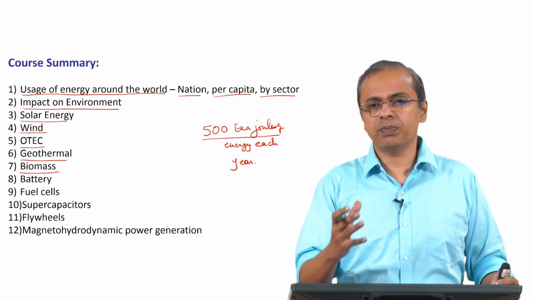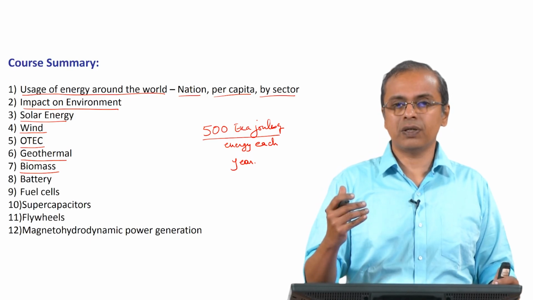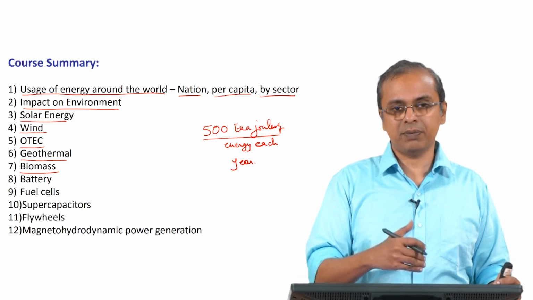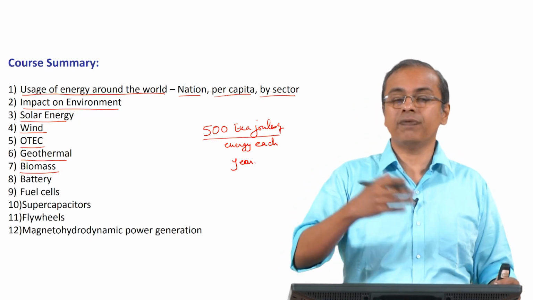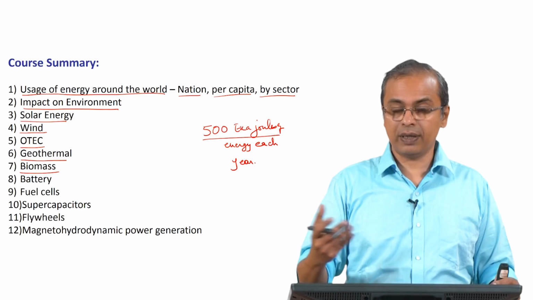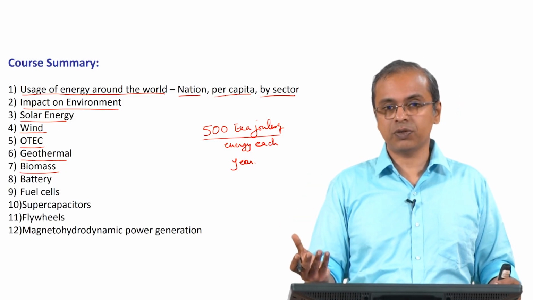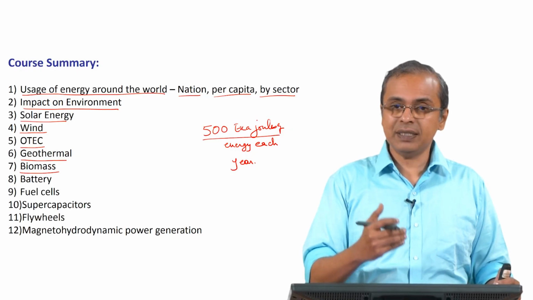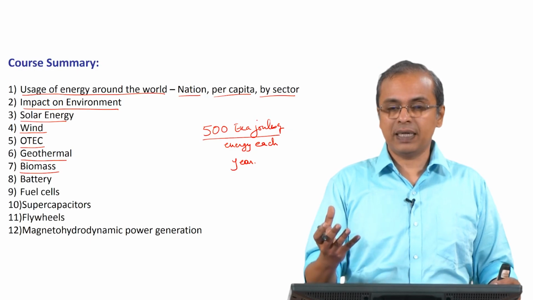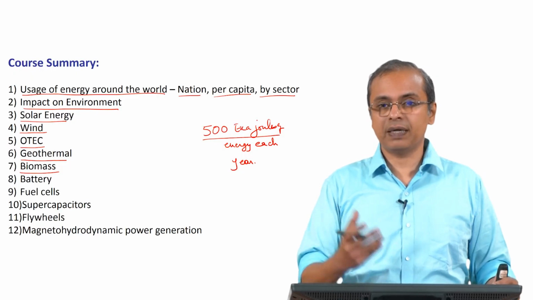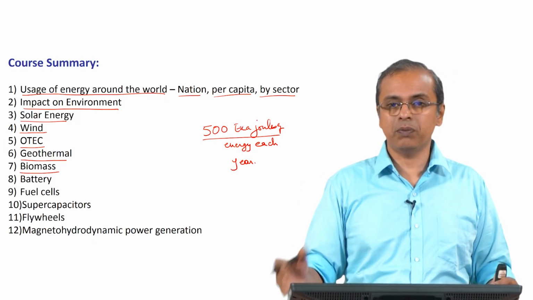It has pros and cons because, as I said, on the one hand it is considered clean because you are only releasing carbon that was already captured by the plant, but on the other hand you have issues such as you may be releasing a lot of other environmentally hazardous gases out into the atmosphere, and the efficiency with which the plants or the wood will give out energy, the calorific value, may be less, and so you may end up burning more of those plants.